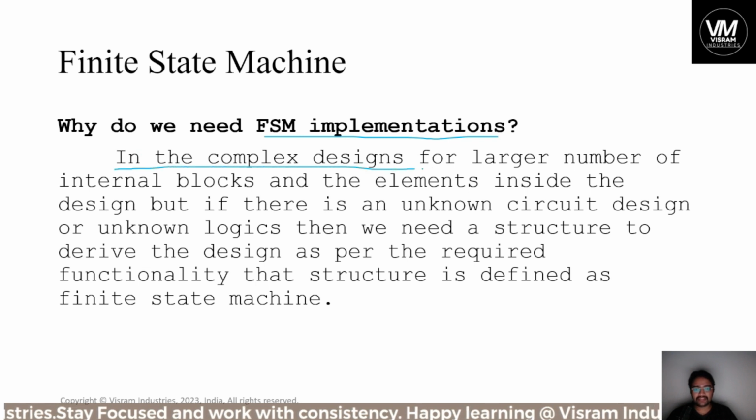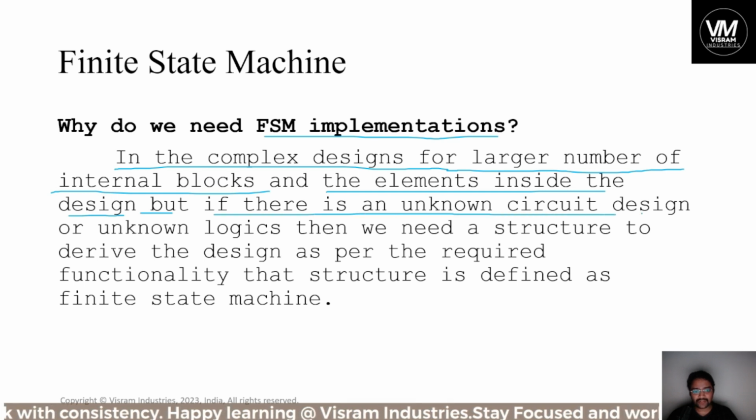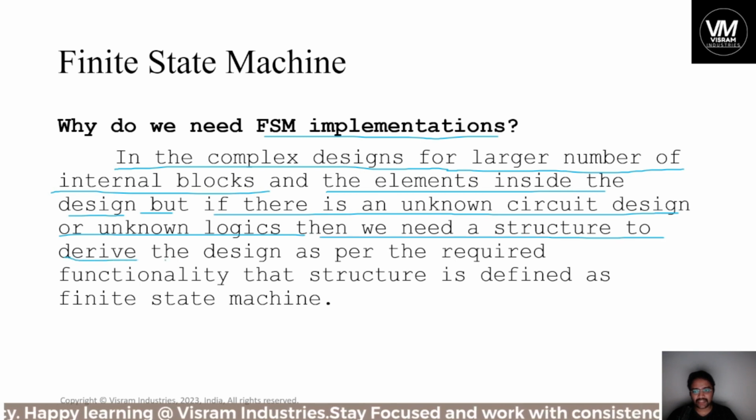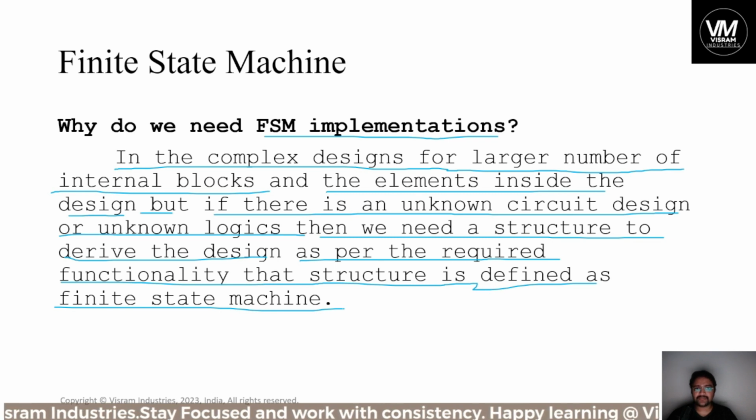In complex designs with a larger number of internal blocks and elements inside the design, if there is an unknown circuit design or unknown logic, then we need a structure to derive the design as per the required functionality. That structure is defined as a finite state machine.